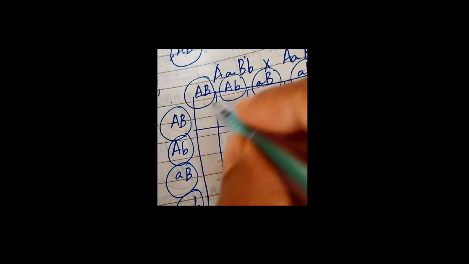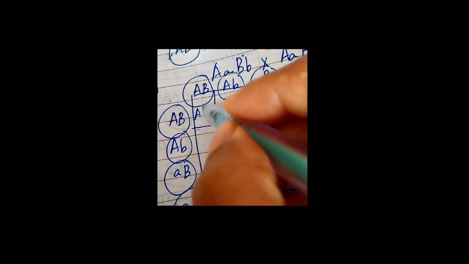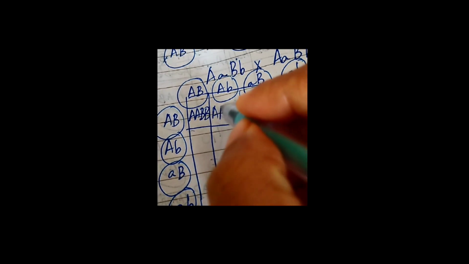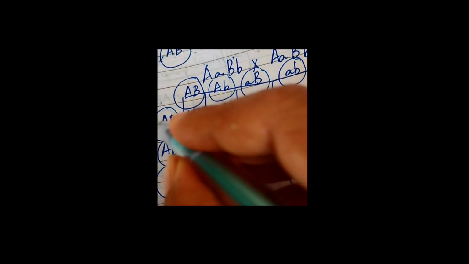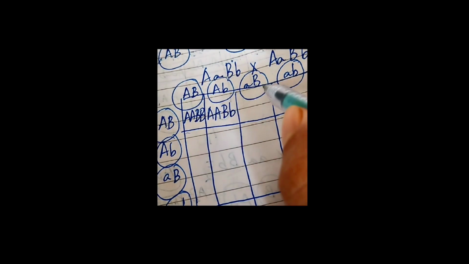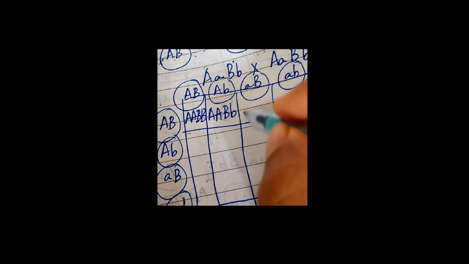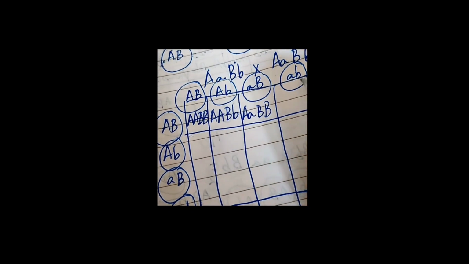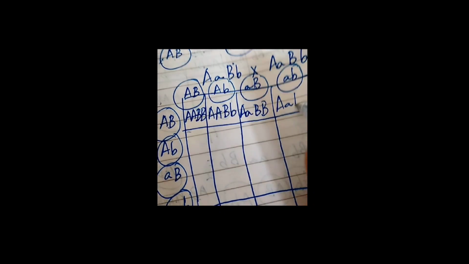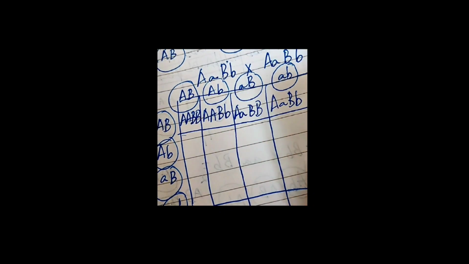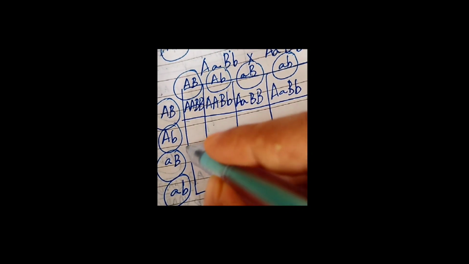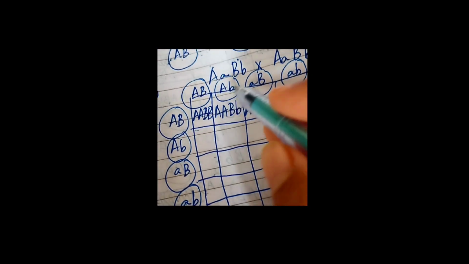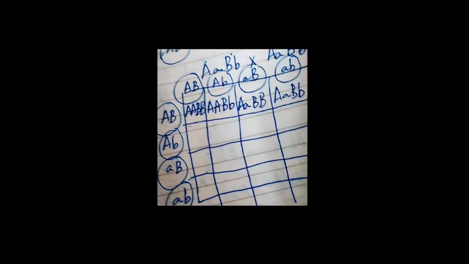First we'll cross the first row, so we will get AABB, then AABb, then AB crossing with aB, so we'll get AaBB, then AaBb, and then the process continues with every row. We'll cross these gamete options with the other axis gametes.